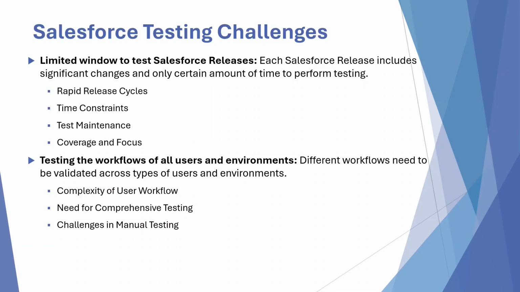As I told you earlier, Salesforce releases can introduce significant changes, so test scripts and automation frameworks may need updates to accommodate new features and altered functionalities. Effective test automation should include strategies for managing and updating test scripts to align with the latest releases.